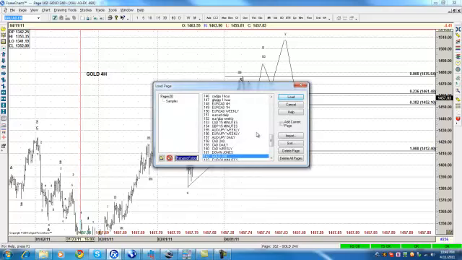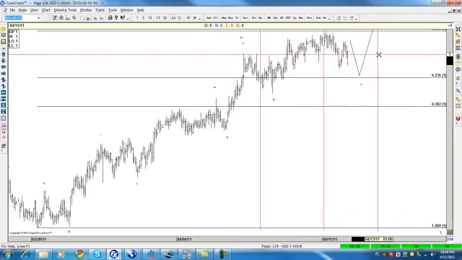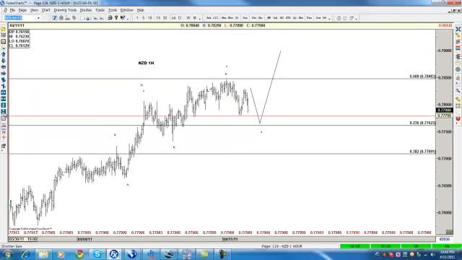Then Aussie. I want to mention Aussie because I know Aussie is very popular, but Aussie is very compressed these days. So I would advise, guys, to stay outside of the Aussie trade. This is the New Zealand, and we believe that this is what New Zealand is going to do.